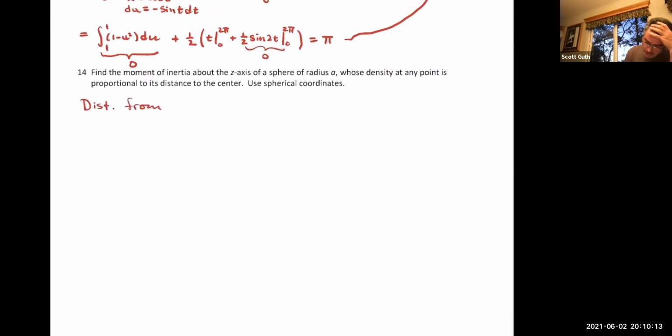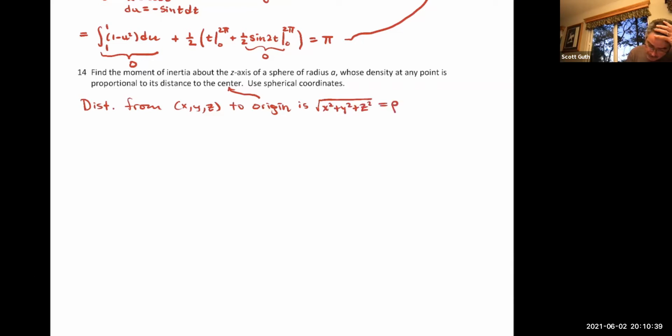The distance from any point x, y, z to the origin, the center of the sphere, is the square root of x squared plus y squared plus z squared, which is just rho.